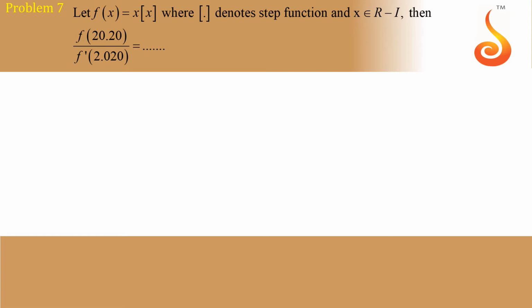Now, when f(x) is given as x times [x], suppose x belongs to the open interval (-1, 0). Then what is the function in that interval? I took an open interval, not closed, because x is not an integer. So the step value will be minus 1, then x is there, so minus x. In that interval, the definition of f(x) is minus x.